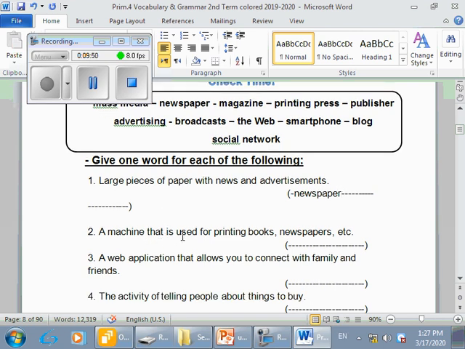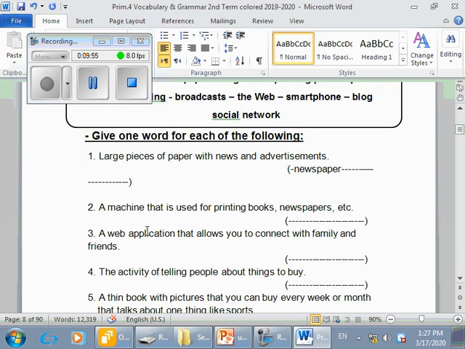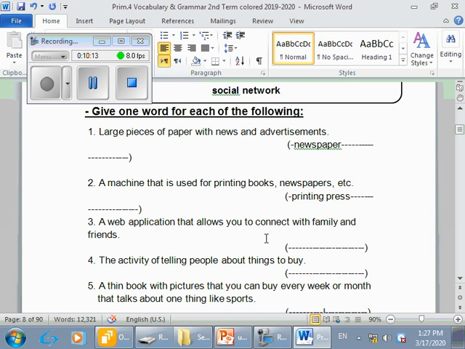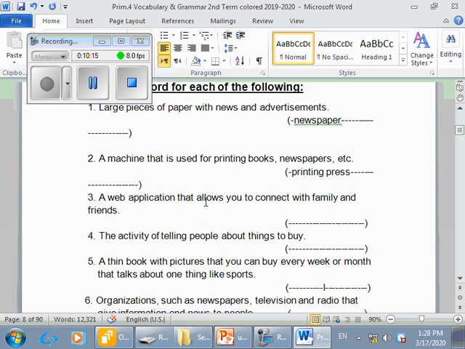Number 2, a machine that is used for printing books, newspapers. What word is this? Printing press. Perfect. Number 3, a web application that allows you to connect with family and friends. Social network.